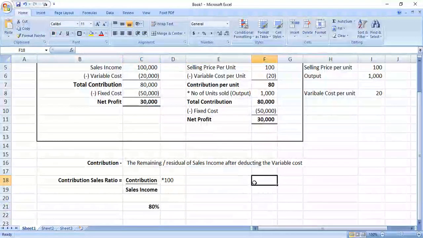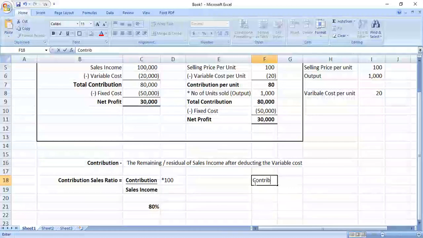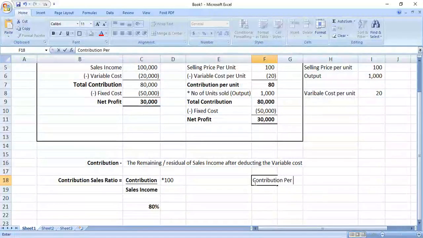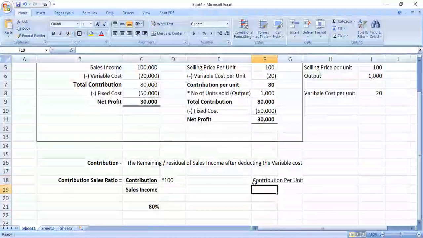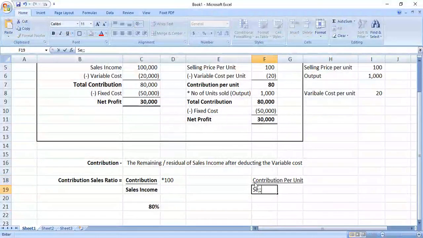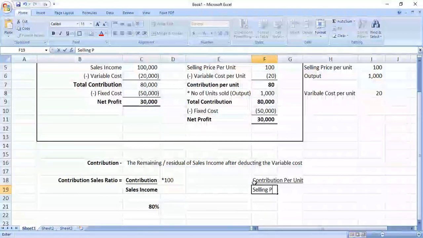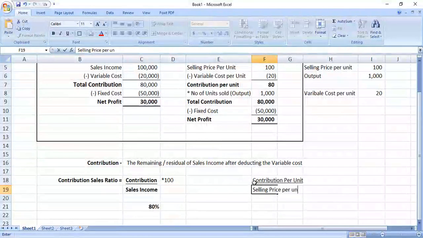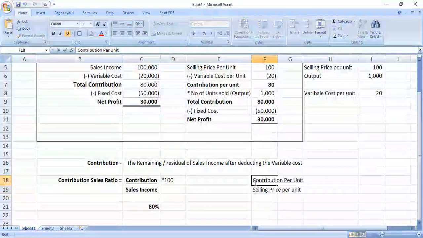Same thing you can do like this. You take the contribution per unit, contribution for one unit, and divide it by selling price per unit, and then multiply by 100.